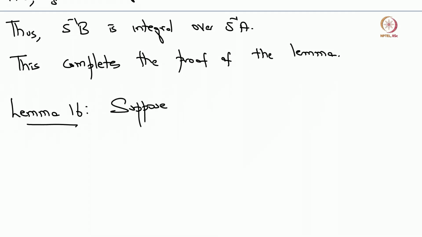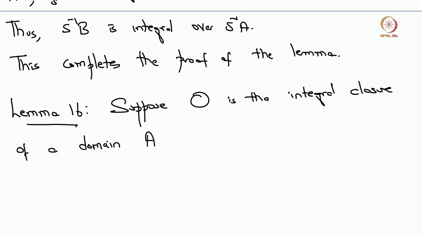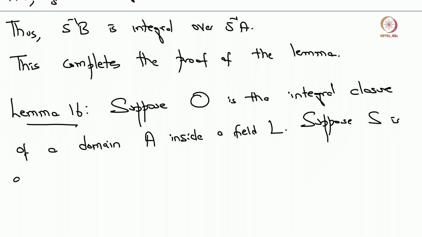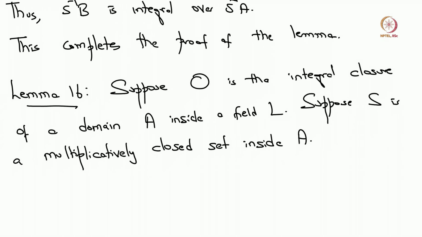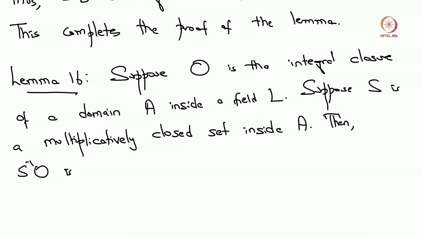Suppose we let O denote the integral closure of a domain, say A, inside a field L, and suppose you take a multiplicatively closed set S inside A, then the localization of the integral closure S inverse O is in fact the integral closure of S inverse A.